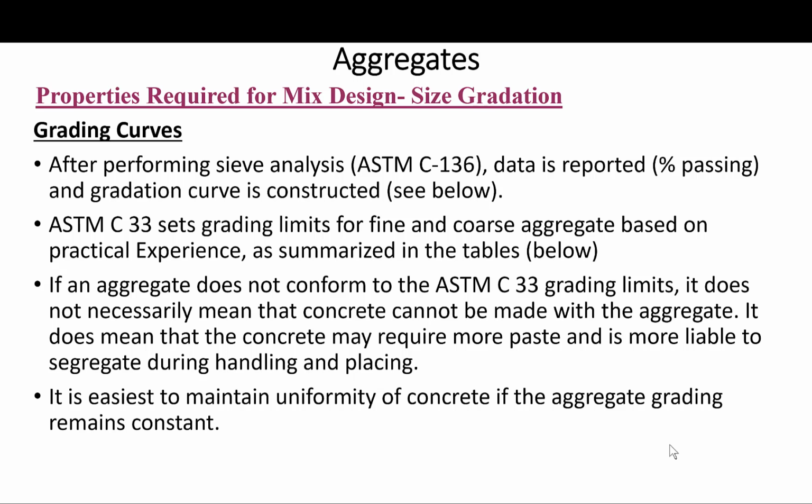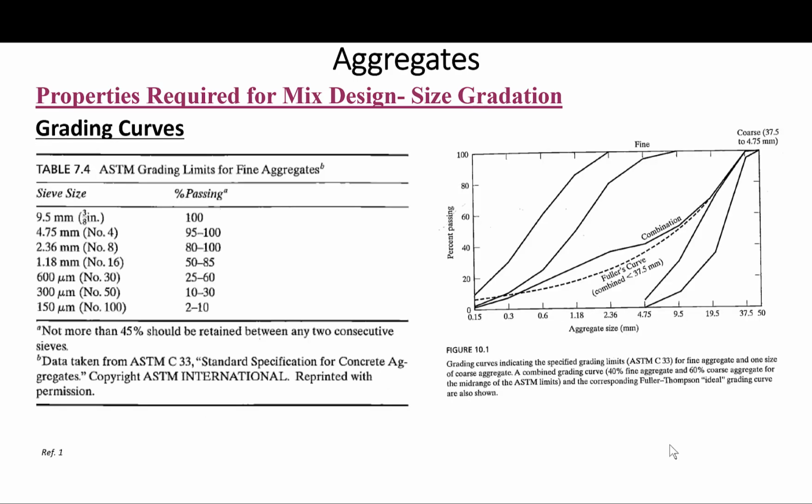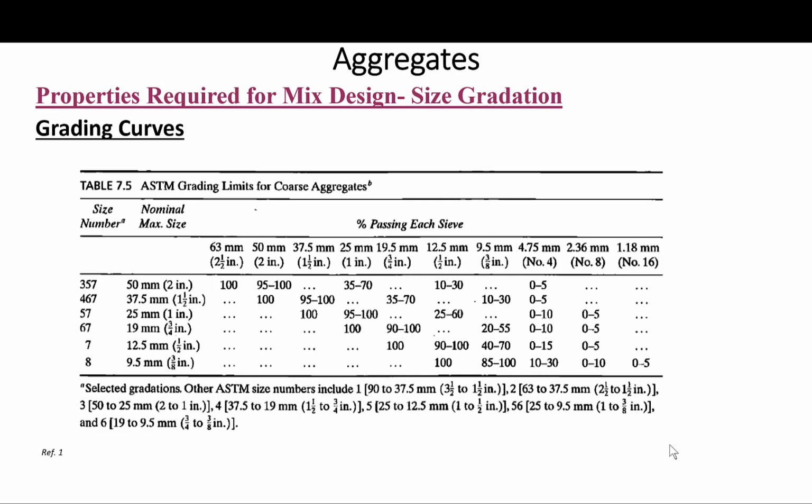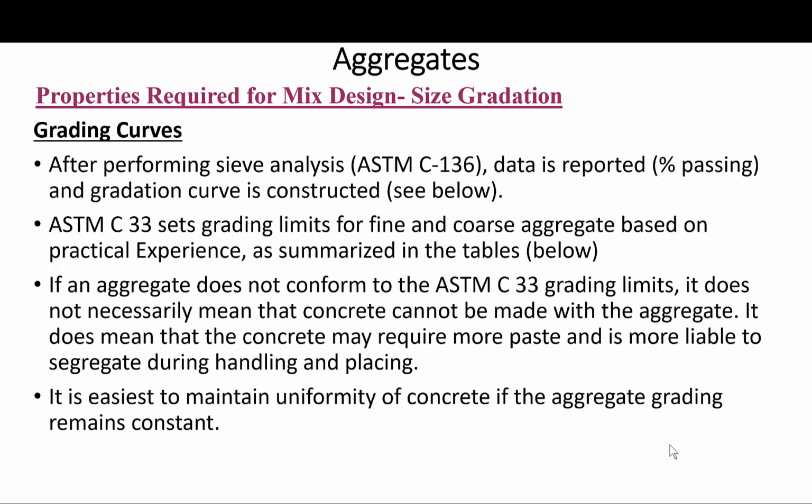These limits are also summarized on the table right here. For fine aggregate this table is shown, and after that I will show another one for coarse aggregates. These are shown here for various nominal sizes.